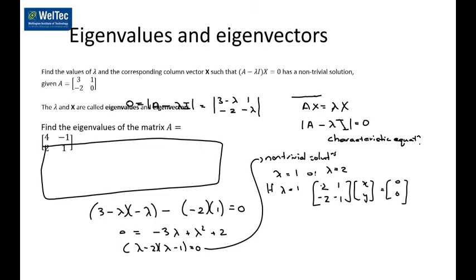And so then x is equal to, well, xy, and it's going to be some number times 1, negative 2. And if lambda equals 2, then our matrix is going to become 1, 1, negative 2, negative 2.